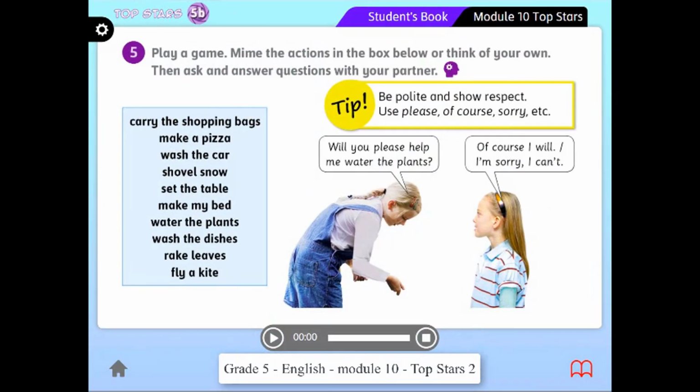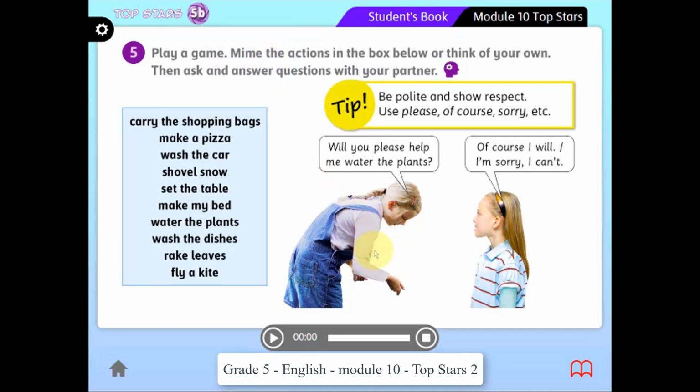Okay, my friends, let's end up this lesson today with a speaking activity. Go back to your students' books, page 117, activity 5. Here we have some actions. You need to make requests using these actions and also mime the actions or act them out.